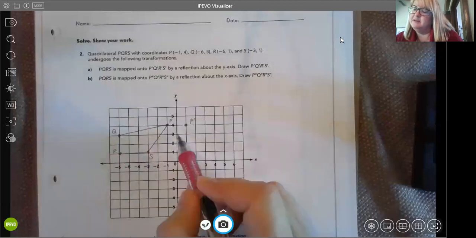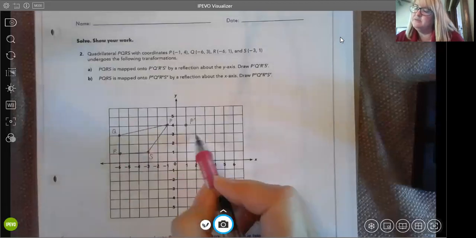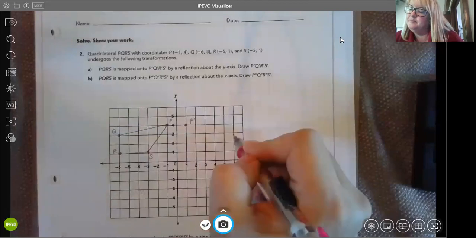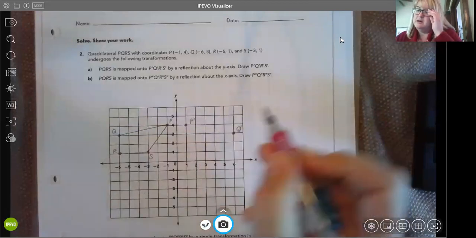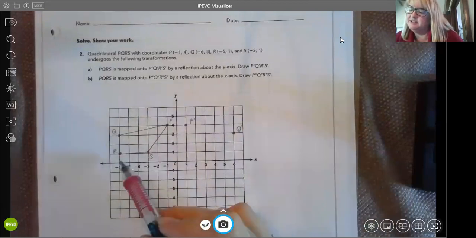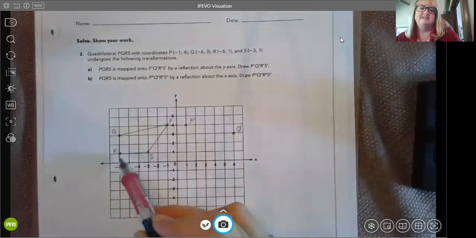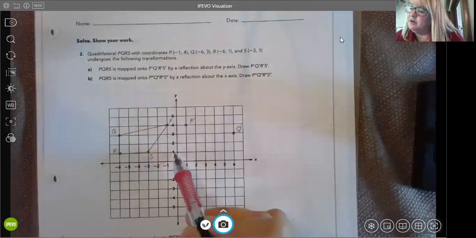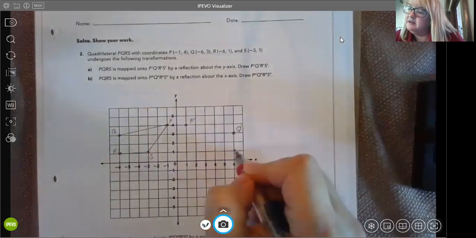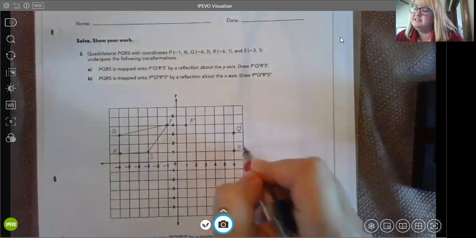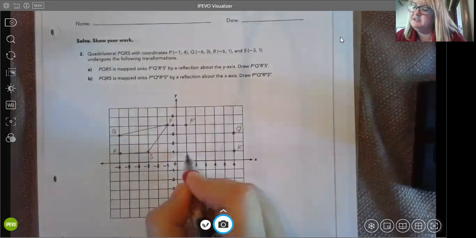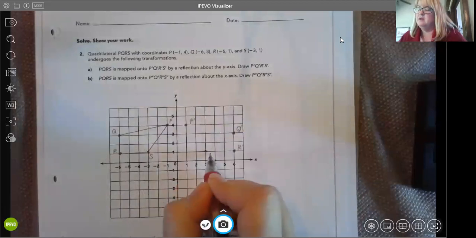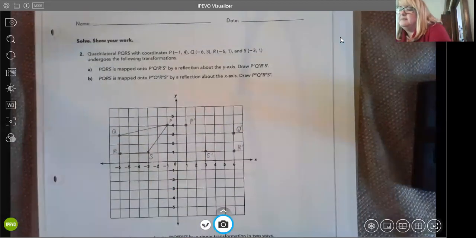So Q prime is going to be 6 units away to the right. R is also 6 units away from the y-axis. So we're going to put R 6 units away in the other direction, R prime. And then S is 3 units away. So I'm going to do 3 units in the opposite direction. That's S prime. Okay, then we connect them.